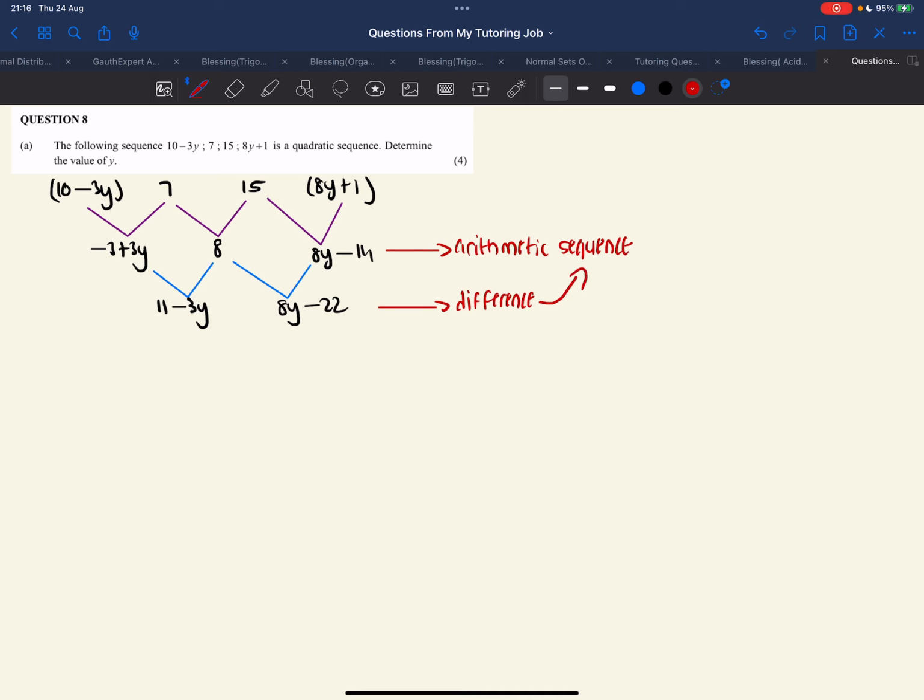Remember, the difference of an arithmetic sequence is the same everywhere, between term 2 and term 1, or between term 3 and term 2, or between term 4 and term 3. So if the difference is the same everywhere, it means that 11 minus 3y will be equal to 8y minus 22.